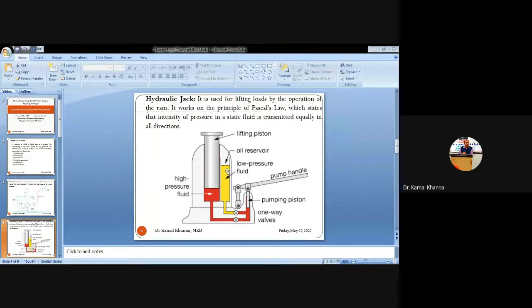One way valves are installed, and the pump handle is used with the combination of the cylinder and piston arrangement, from where the high pressure fluid is filled. You can see the red fluid is the high pressure fluid, and the other, low pressure fluid is filled in the oil reservoir.